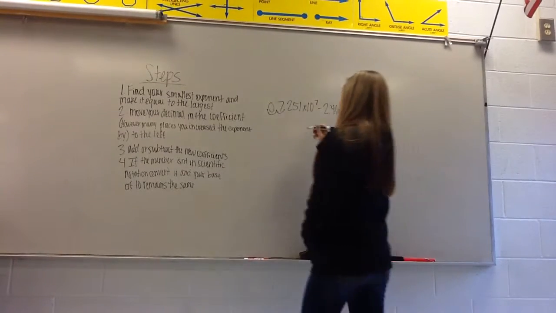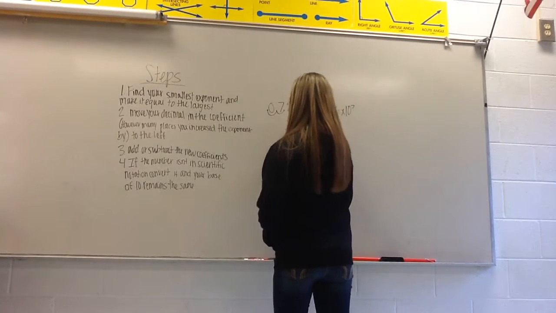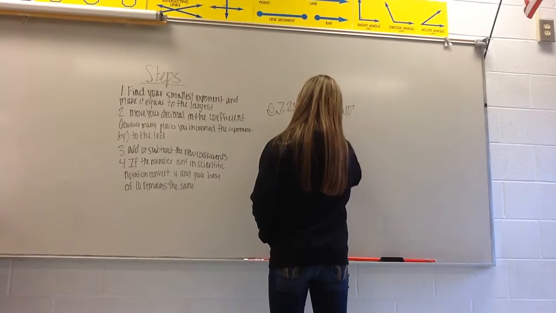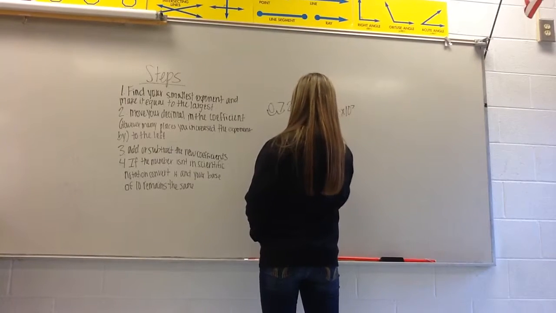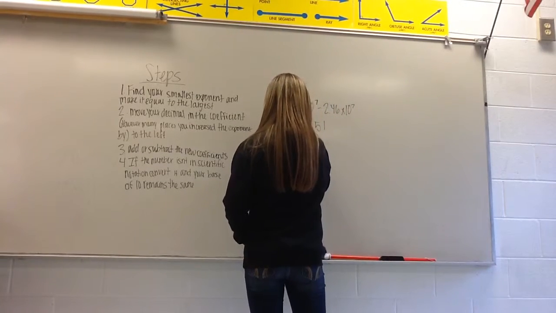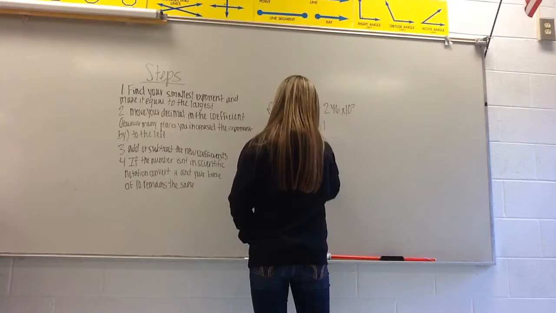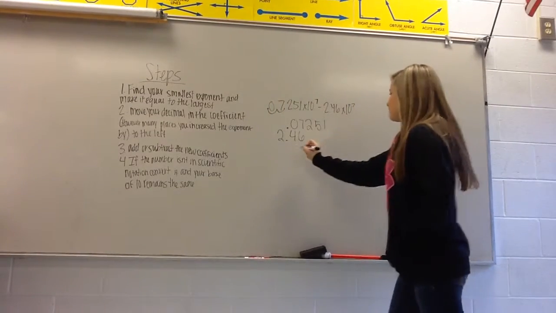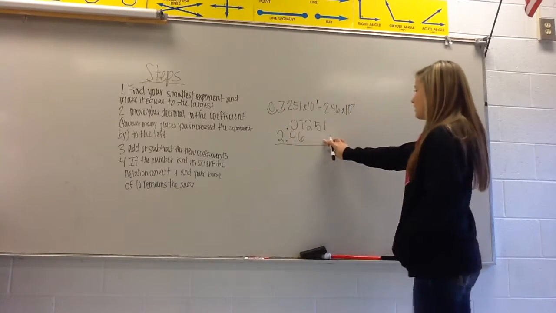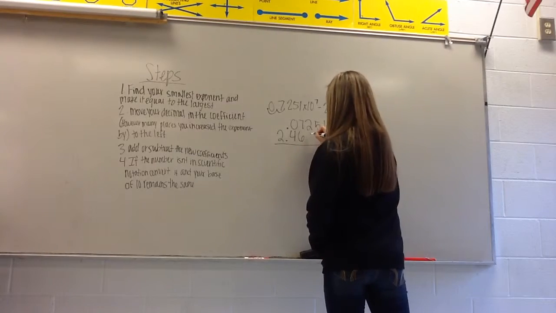We're going to subtract in this example. So we have 0.07251 minus 2.46. For the places that don't have numbers in this example, we're going to put zeros.